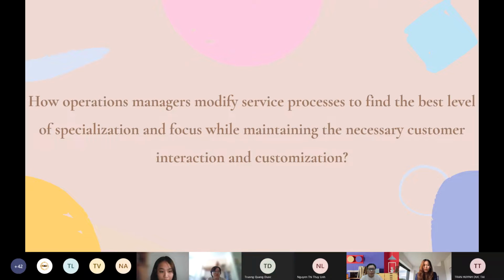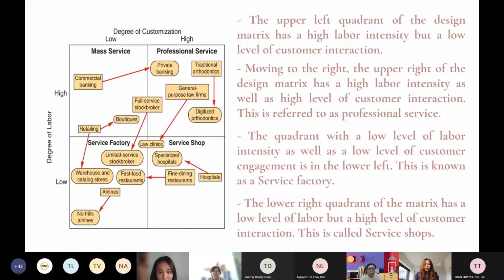So we have a question here: how can operation managers modify service processes to find the best level of specialization and focus while maintaining the necessary customer interaction and customization? You can see from the table, there are 4 quadrants for operation managers to adjust the service processes.